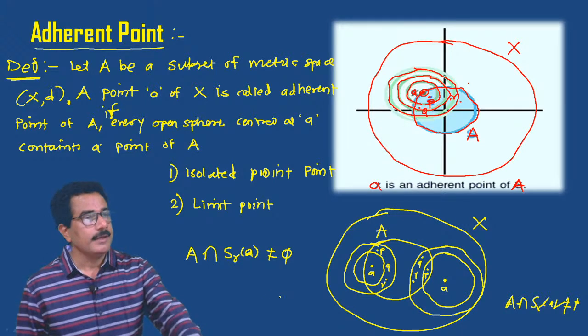समजा आता हे कुठं असू शकतो, कुठं असू शकत नाही, याचं पण मी उदाहरण सांगतो तुम्हाला.